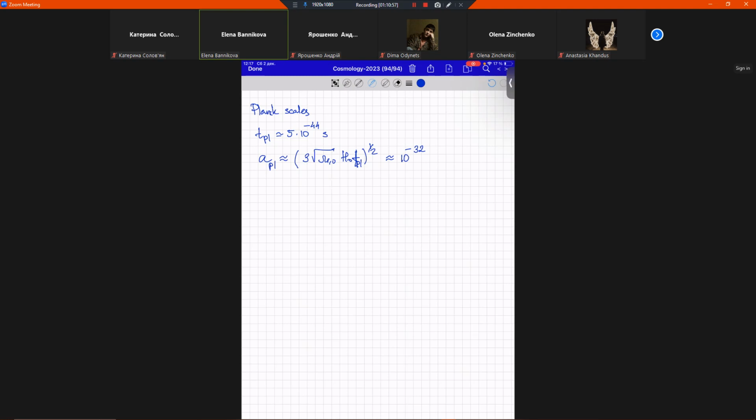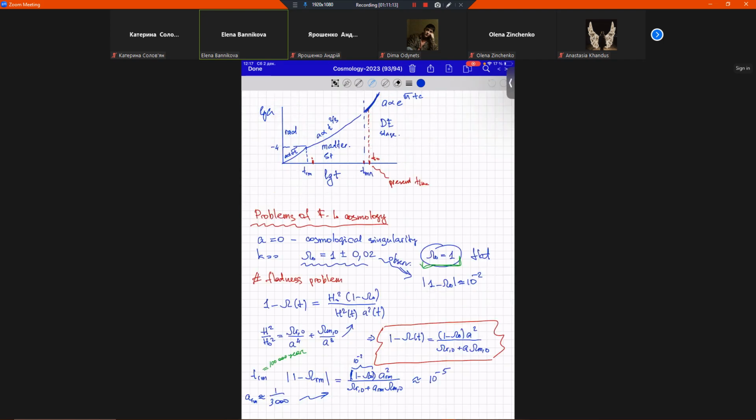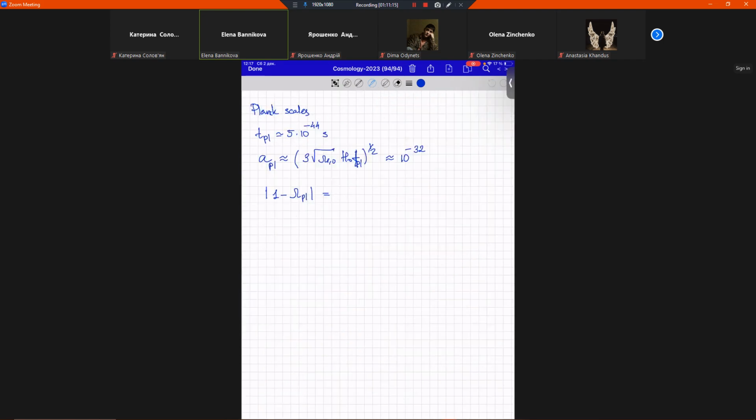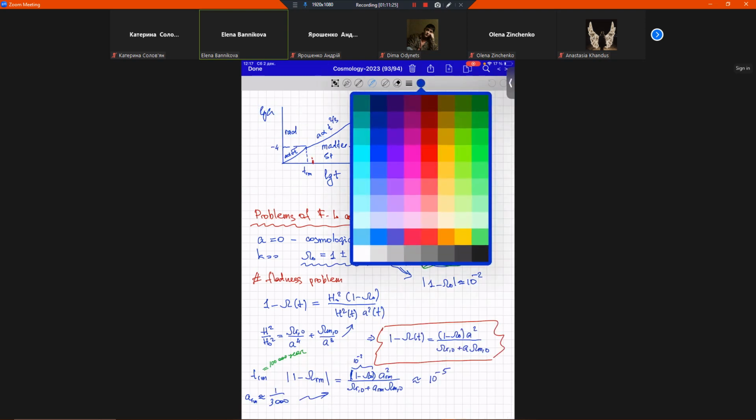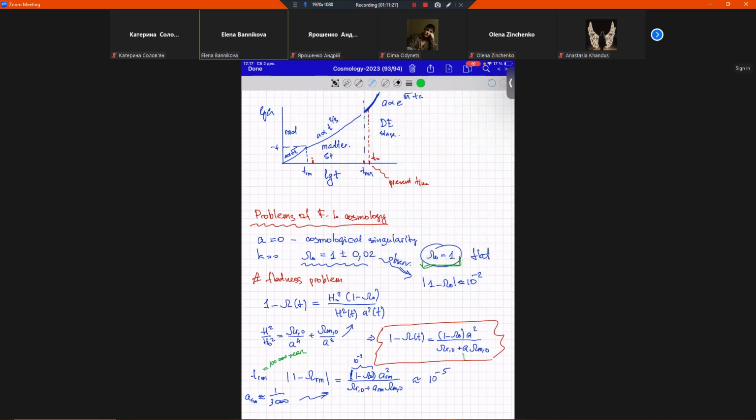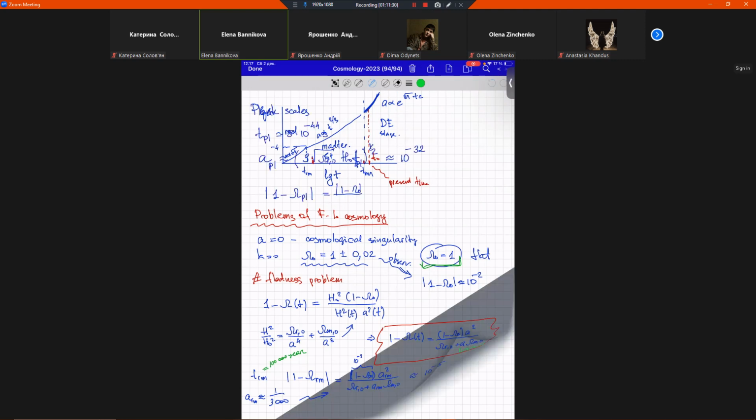It means that the space contracted from the present time by this value. And we can estimate the modulus of 1 minus omega Planck, using the formula with 1 minus omega 0, the modulus. This is of course the radiation stage, so it is not important to use the second summand. We can forget about this.